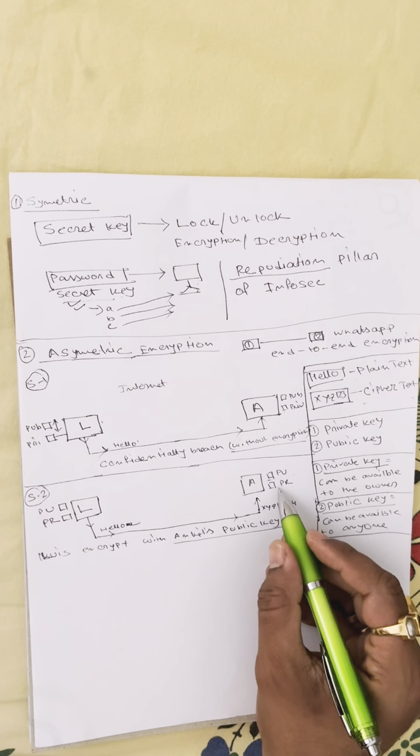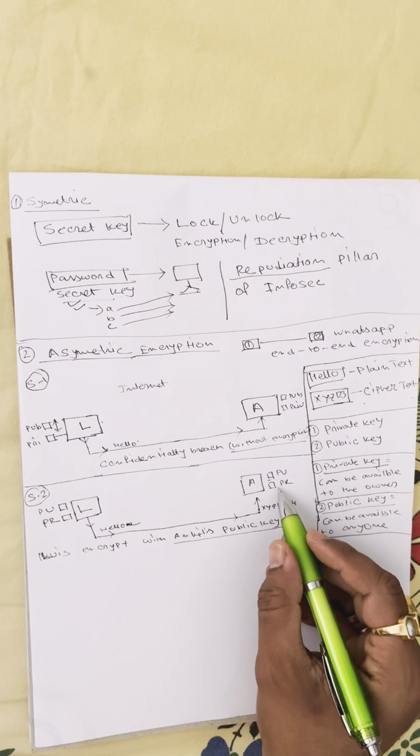Ankit uses its private key to unlock the message. Unlock, you can say decrypt, right? Because those two keys are interrelated.